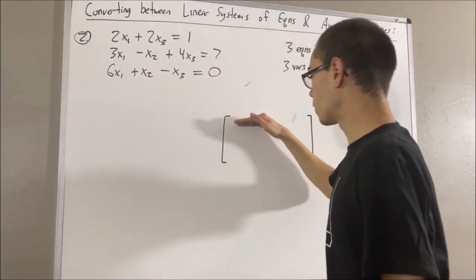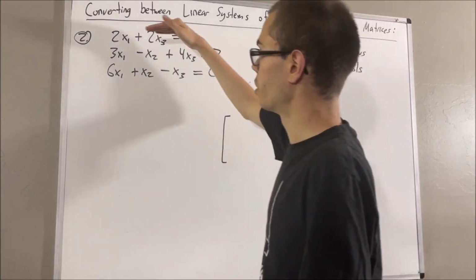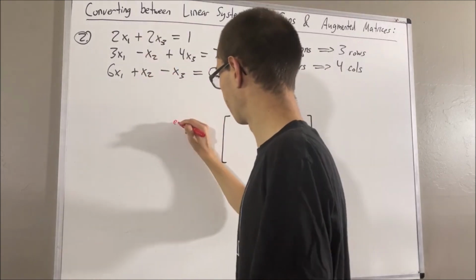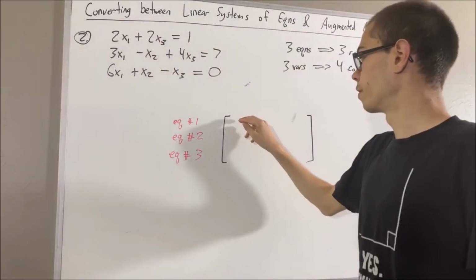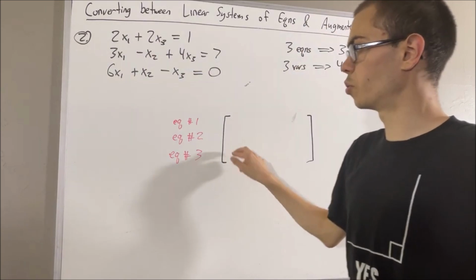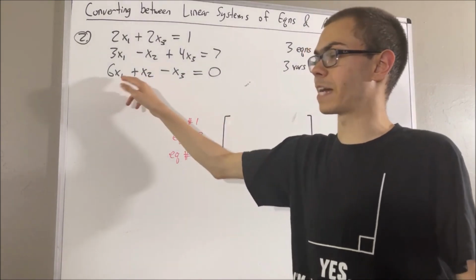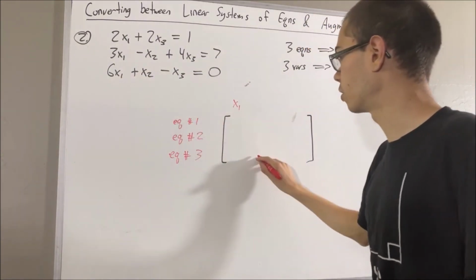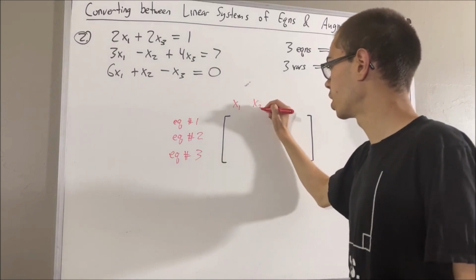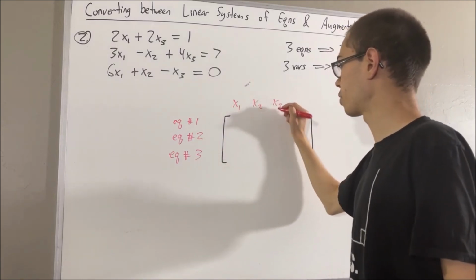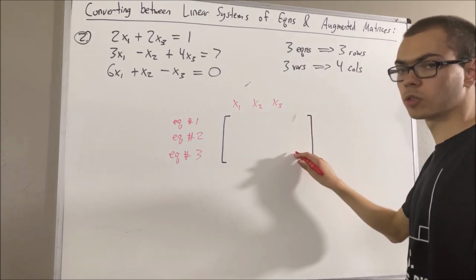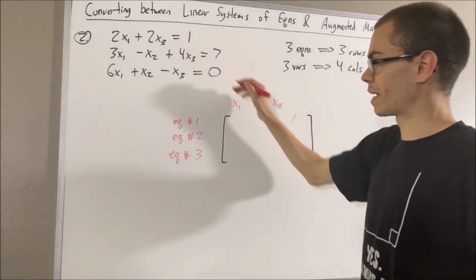The rows of our matrix correspond to the three equations. The first column will correspond to the coefficients in front of x1. The second column will be the coefficients in front of x2. The third column, the coefficients in front of x3. And our fourth column is reserved for the numbers on the right-hand side.